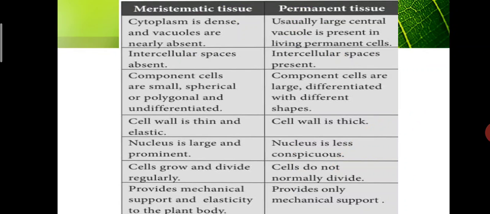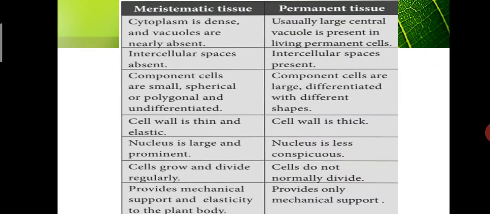In meristematic tissue, intercellular spaces are absent because they are growing cells. In permanent tissue, intercellular spaces are present. Because of the spaces only, we call them parenchyma and so on. In meristematic tissue, component cells are small, spherical or polygonal, and undifferentiated. Here the cells are large, differentiated, with different shapes.